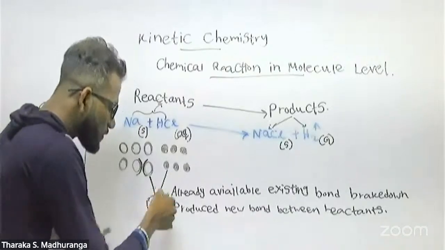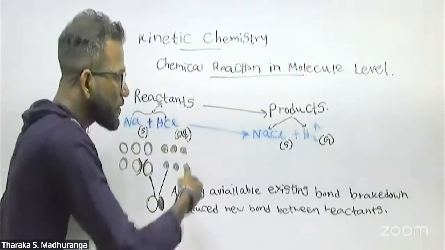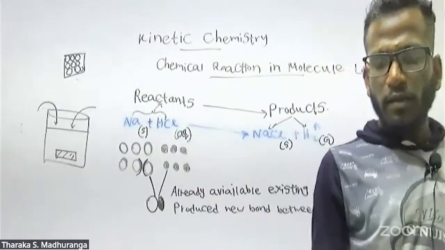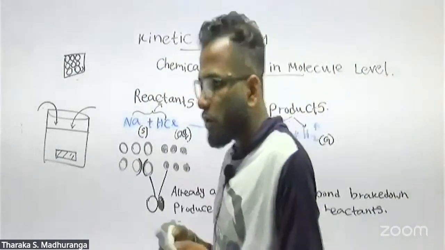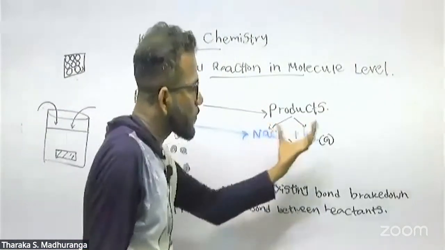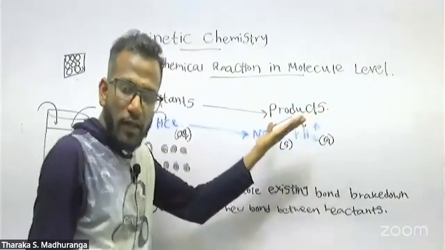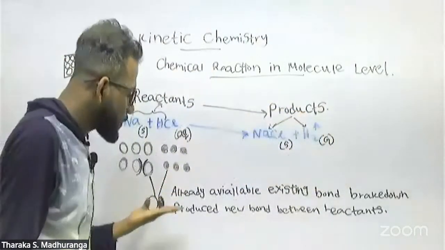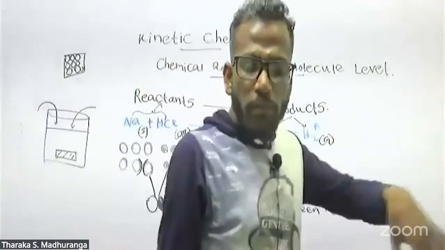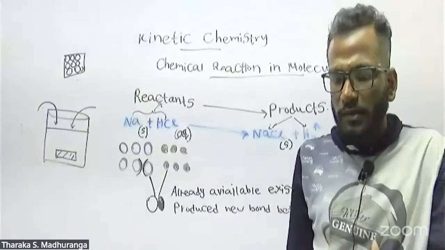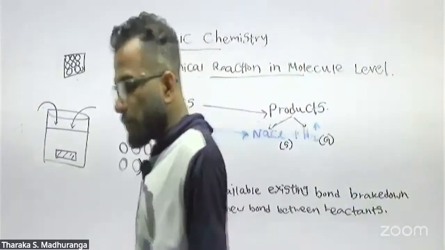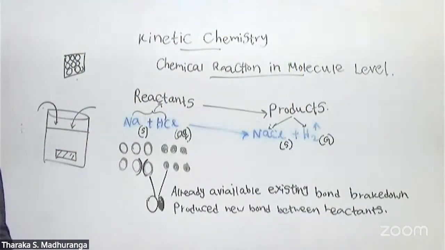In here, a new bond is formed. Then that's the sodium chloride. That's the product. After the new bond is formed, this structure is sodium chloride and hydrogen gas. That means the product is produced by already available bonds breaking down and converting to produce new bonds. Clear? If not, ask. I will explain again.